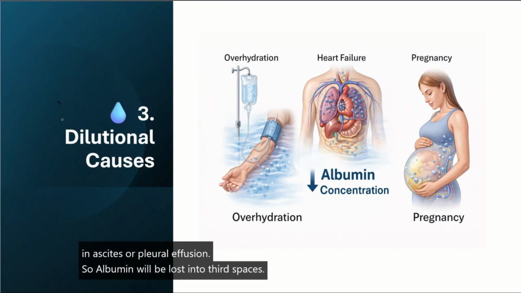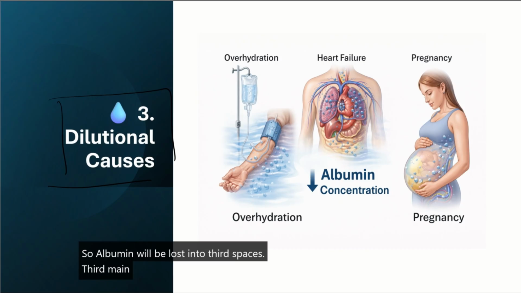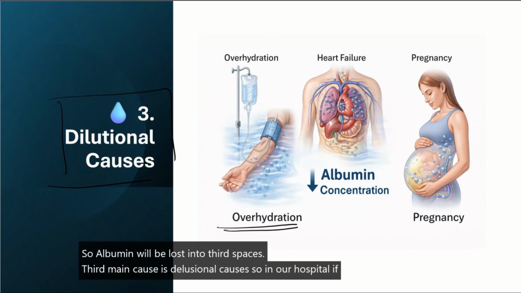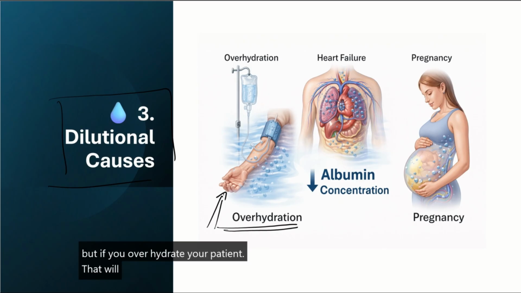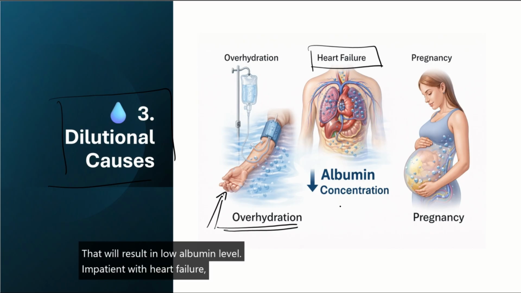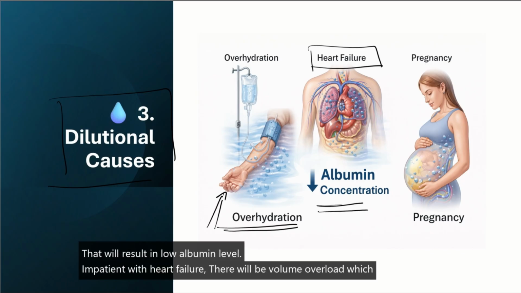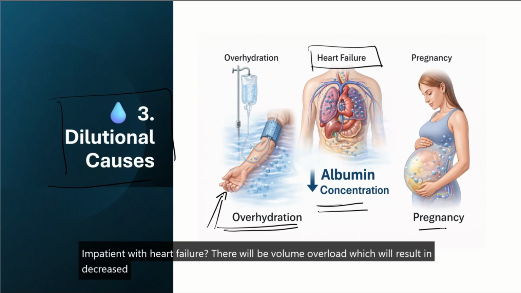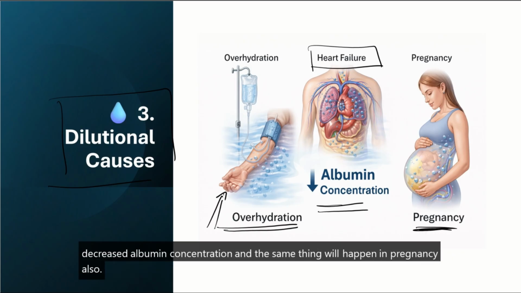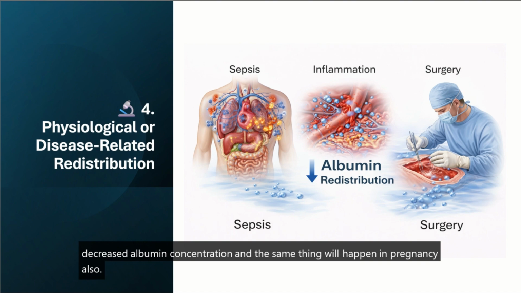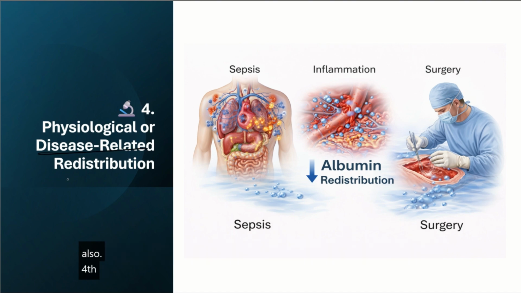Third main cause is dilutional causes. So in our hospital, if the albumin is normal, but if you overhydrate your patient, that will result in low albumin level. In patients with heart failure, there will be volume overload, which will result in decreased albumin concentration, and the same thing will happen in pregnancy also. Fourth main cause is disease-related causes.